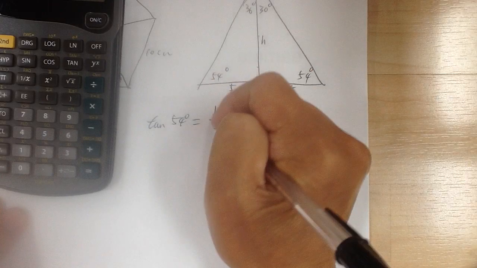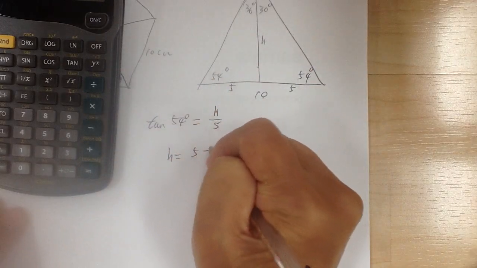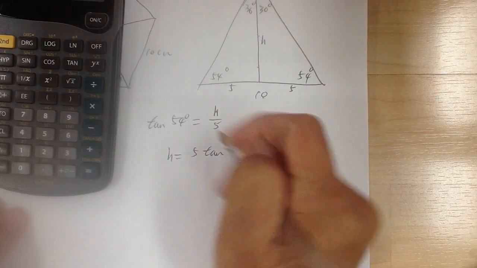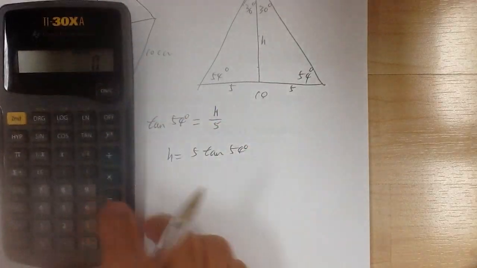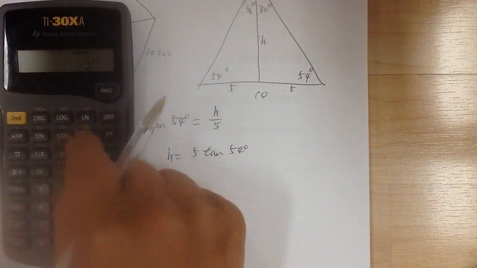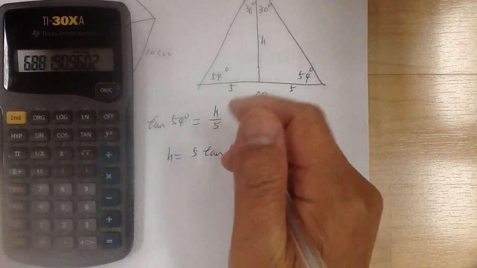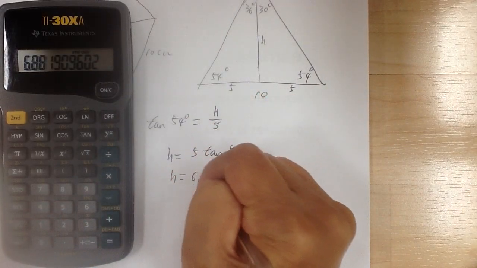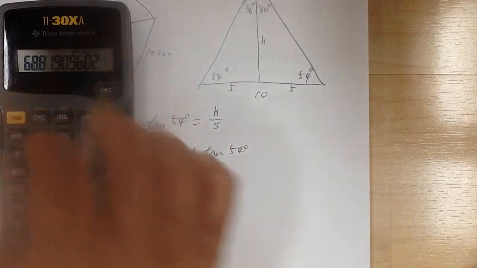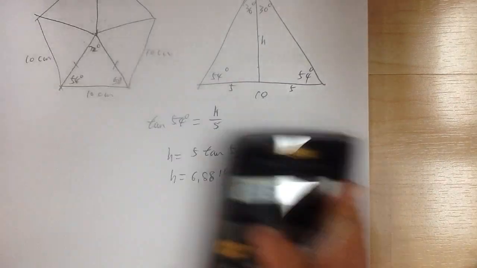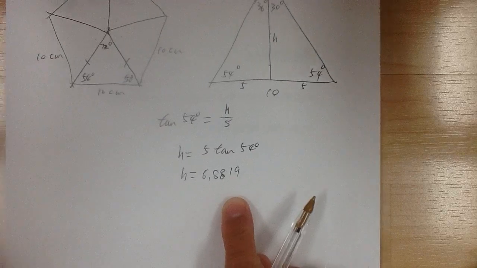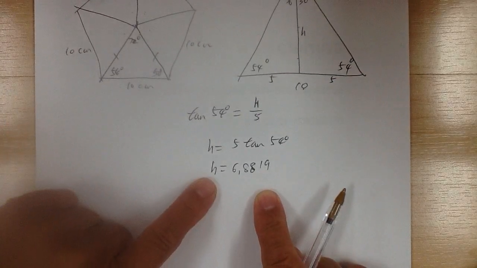Okay. So h will equal 5 times tangent of 54 degrees. So you can figure that out, right? So 54 tangent times 5, so h equal to 6.8819. Okay, so again, I'm using extra digits right now. I can round it off later for the final answer.